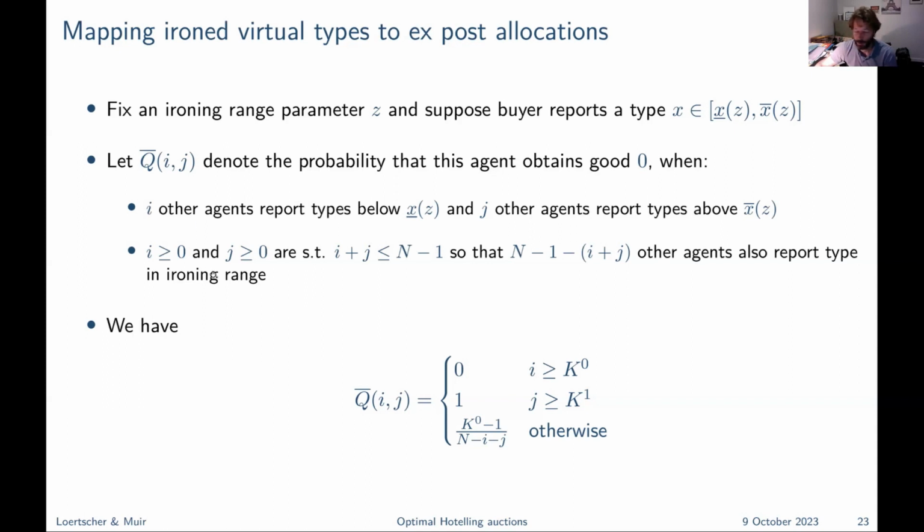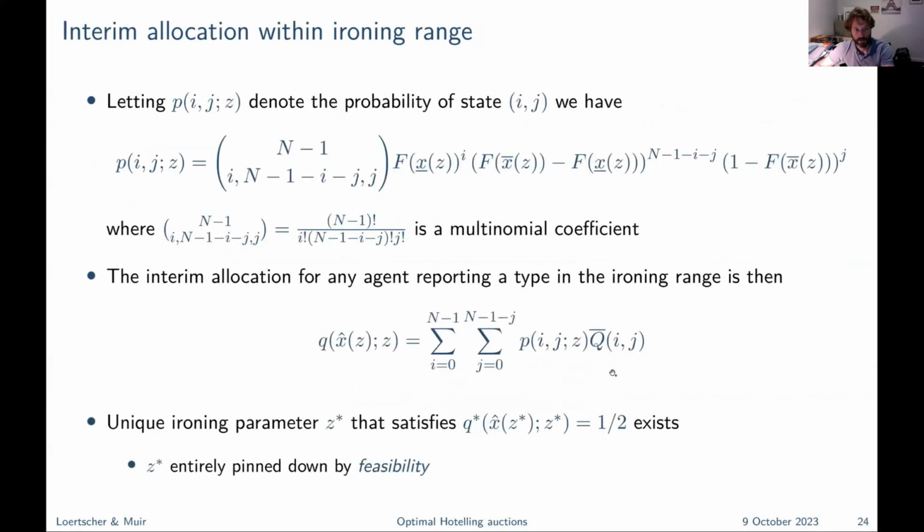Nicely consistent with what I just said. Okay, so then this Q bar is given by this function here, Q bar of I and J. And now this, as I told you, it's going to be a combinatorial challenge, but this is going to be the probability that state IJ occurs for a given ironing parameter set.